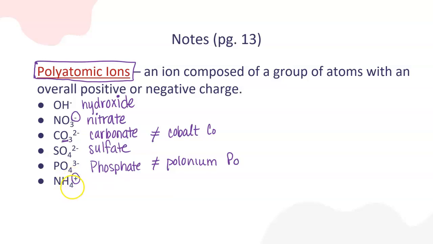So it's a subscript 4, +1 charge, is ammonium. Okay, this is not the same as nihonium, which has a lowercase h. Just make sure you recognize that those are not the same. Got it?